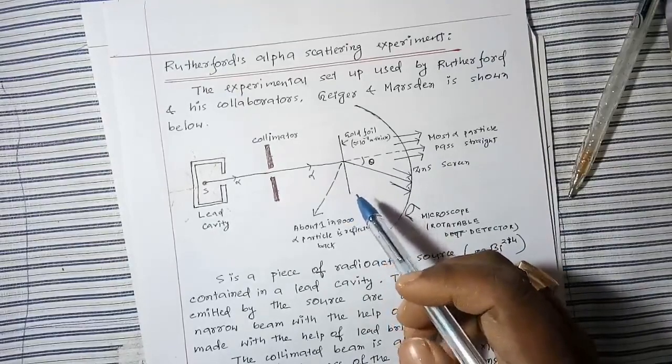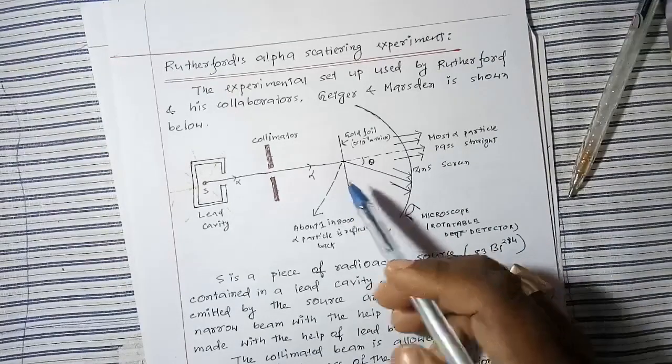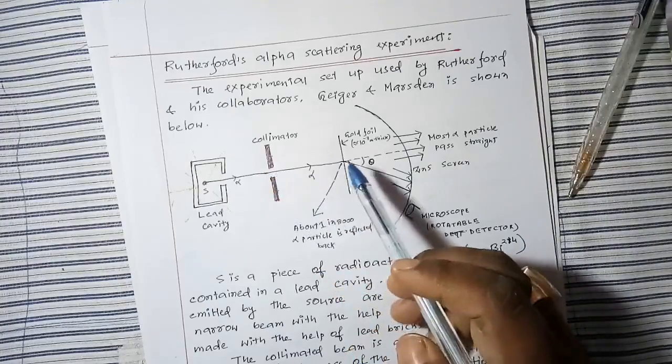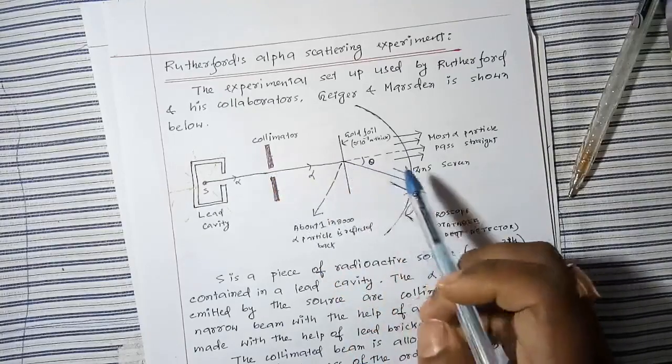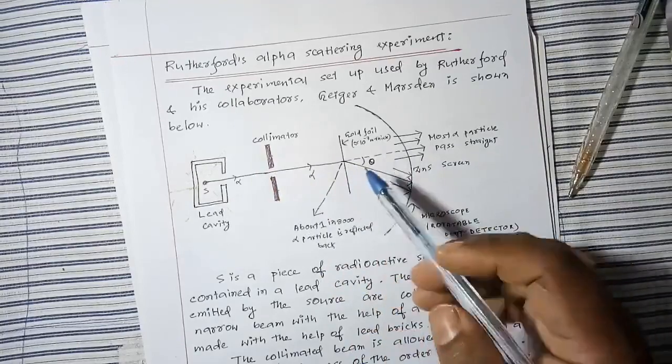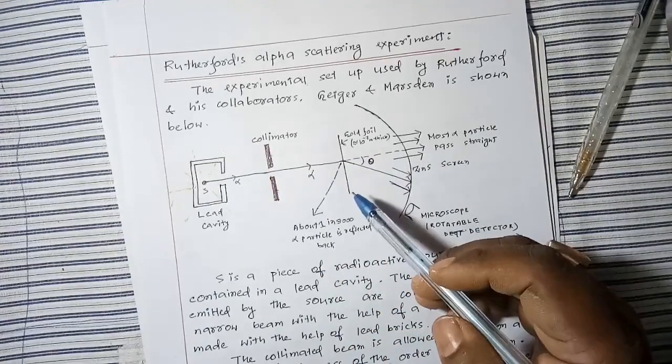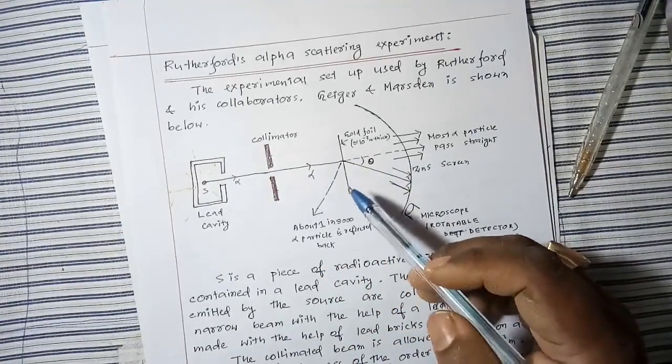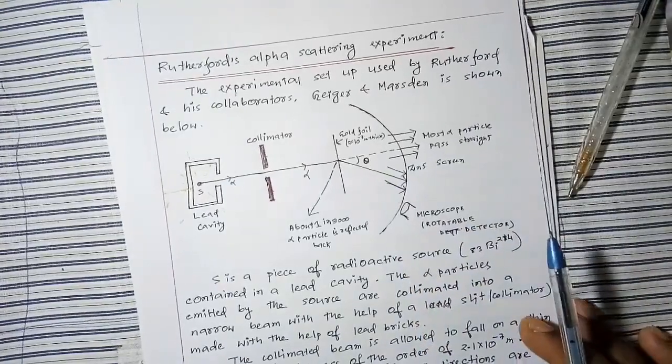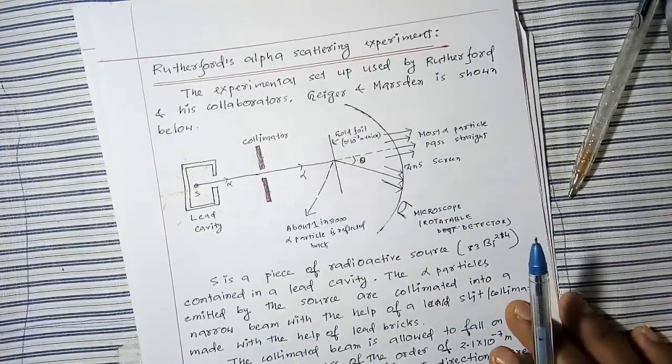The fine beam of alpha particles now will fall on the gold foil, right? And why the gold foil? All of you are familiar with foil, which has very minimum thickness. Whenever the alpha particles fall on the gold foil, they will scatter at different angles. I will come to that part later, because first let me discuss why gold foil is used.